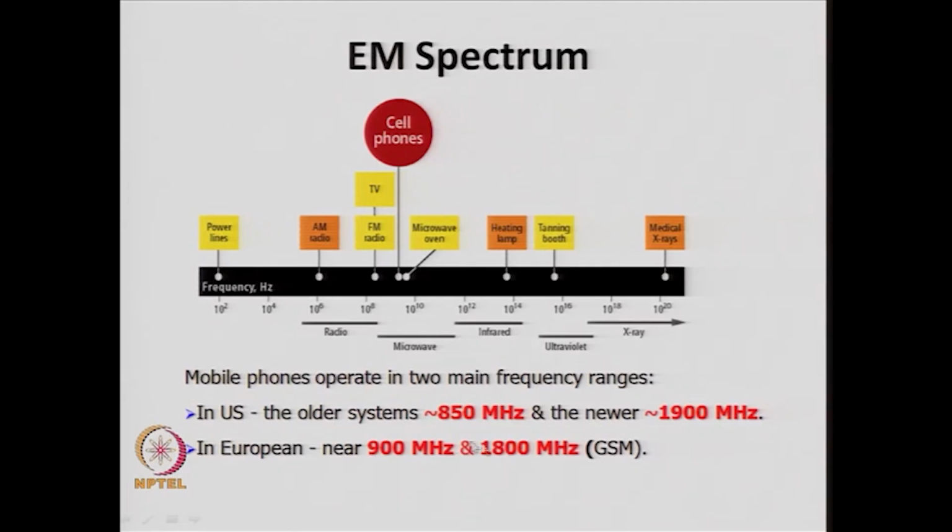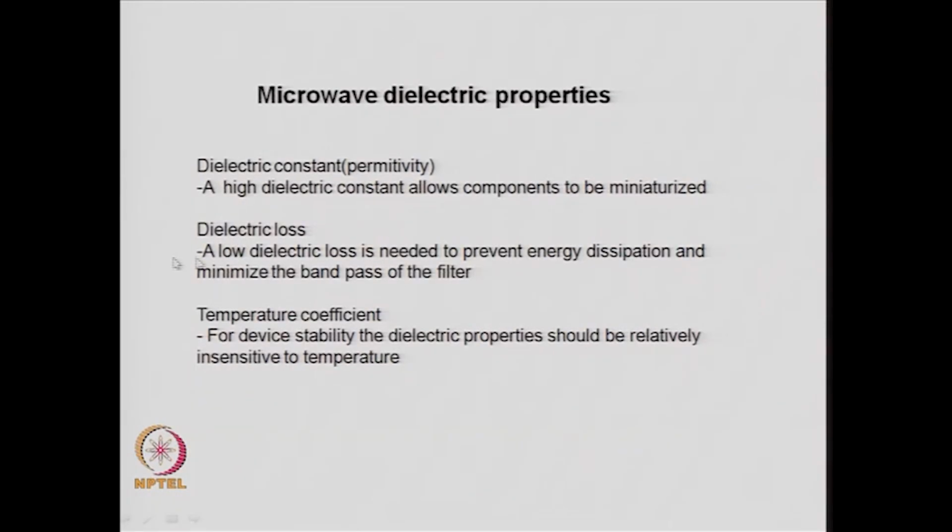The mobile phones normally in use are around 850 megahertz to 1900 megahertz. There are different types of mobile phones with different frequencies, and they all come in the microwave region of the frequency spectrum. So, what are the microwave dielectric properties?